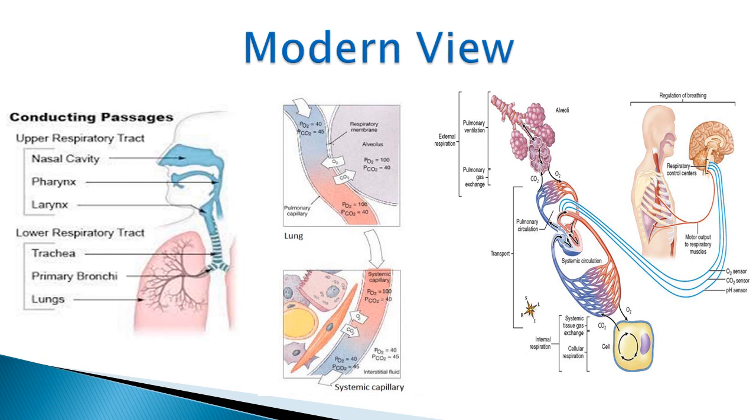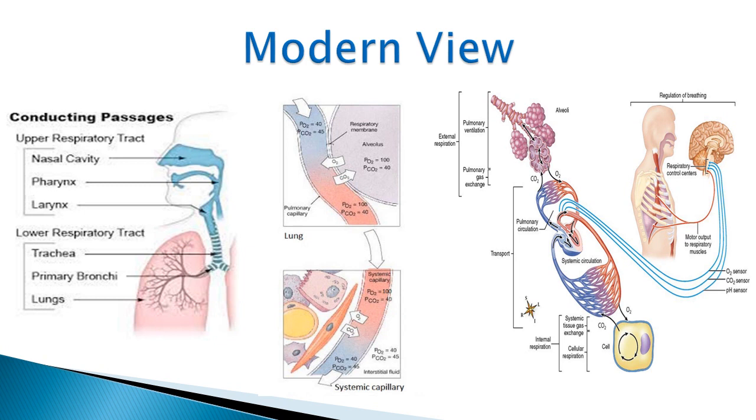So first of all, what is respiration? Respiration is a process in which oxygen enters the body and carbon dioxide is expelled from the body through the respiratory tract. The respiratory tract is divided into two parts: upper respiratory tract and lower respiratory tract.